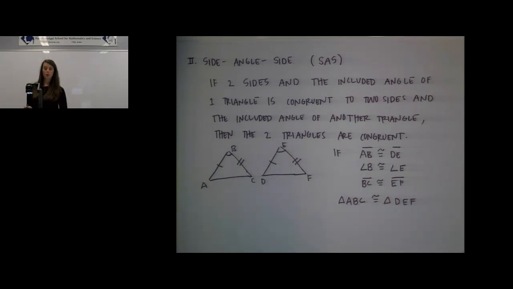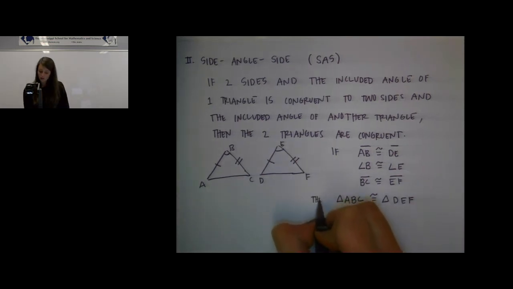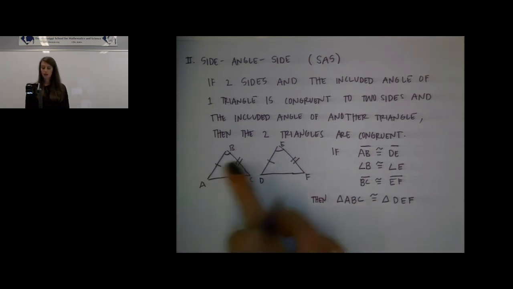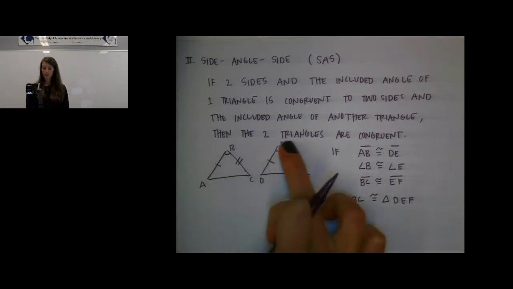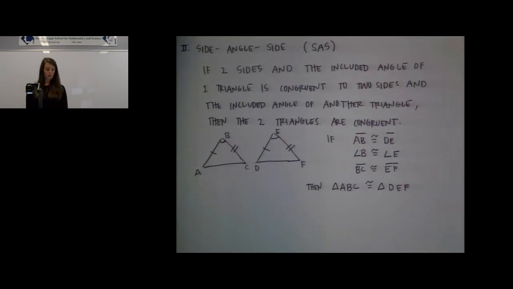So if all three of those hold true, then I'm going to be able to say that the triangles are congruent. Okay, so side, angle, side.